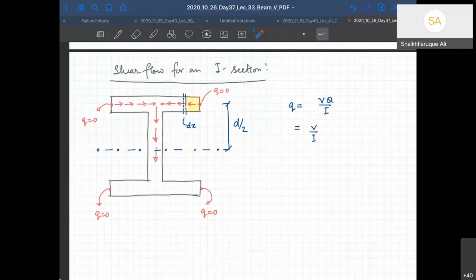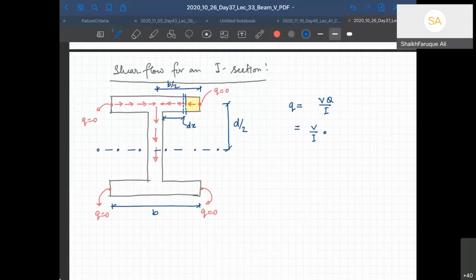So what is the area there? If the full flange width is B, then this half is going to be B by 2, and this portion, let's say, is the distance that I am looking for.